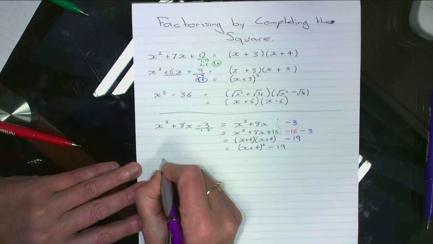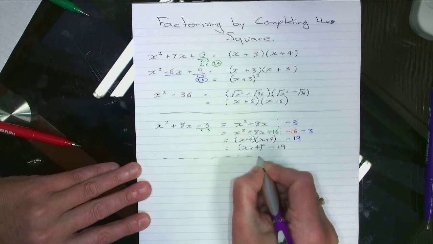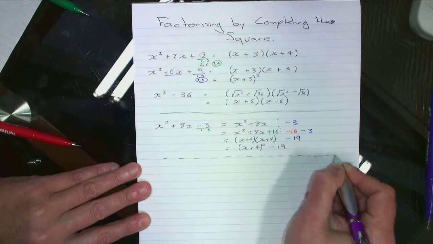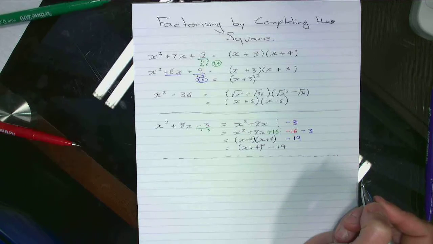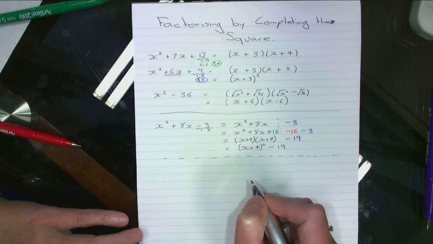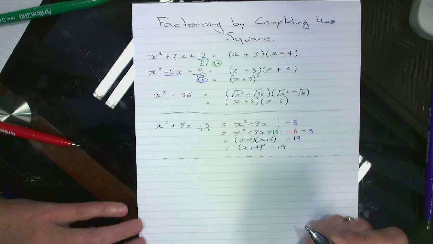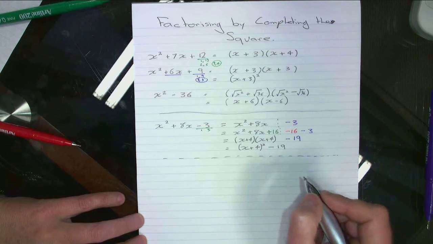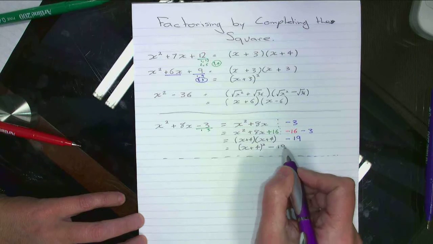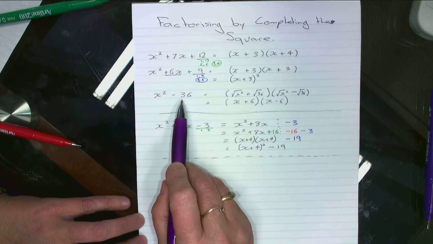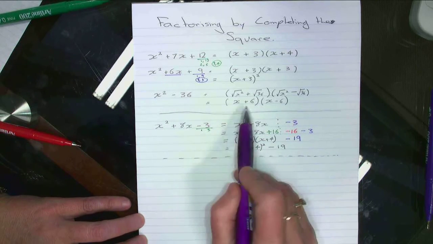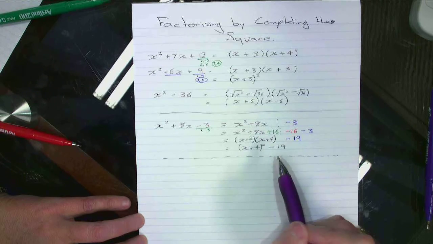Okay, so for most of you, we probably need to just stop at this point here. But if we're trying to solve the equation to find what x is, we need to go a little bit further, and we need to actually now look at this equation and say, well, this is a difference of two squares. We can use this to factorise this.